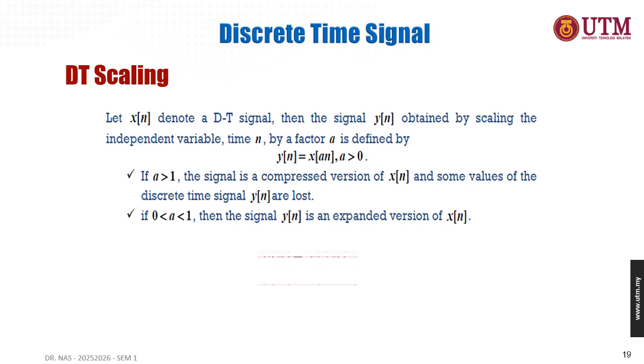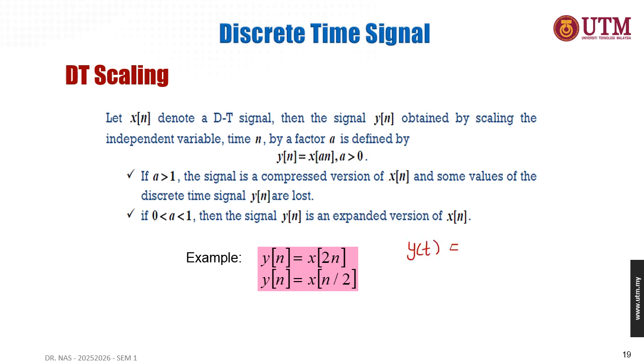Next is scaling, discrete time scaling. To recap, in continuous time, when you have x(at), the a represents the scaling operation. You need to compare it with 1, whether it's larger than 1 or less than 1. If it is larger than 1, the signal will be compressed in t.